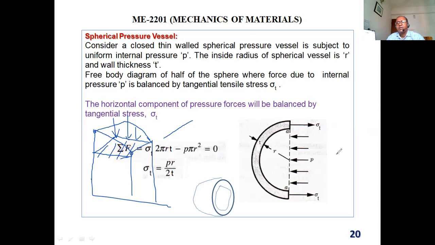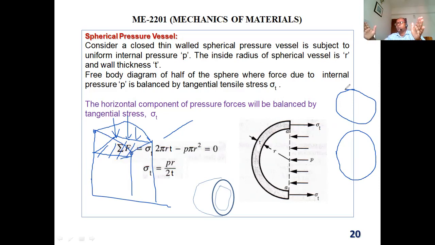Similarly, a ball. What will be the projected area if you look from the top? It will be a circle, right? A ball, you view from the top and bottom, it will be a flat round surface. That will be the projected area.